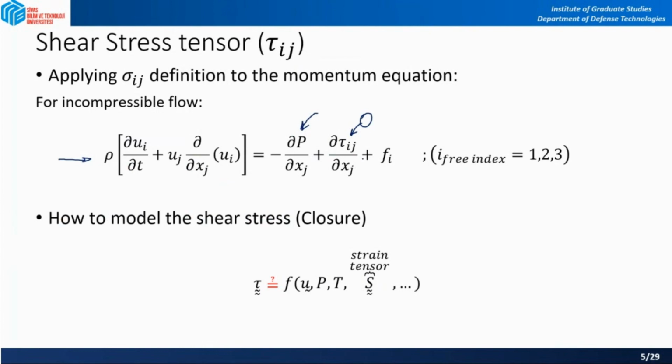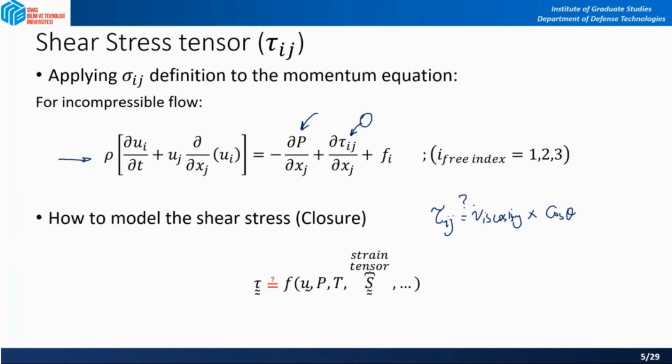We know that it is related to viscosity and viscous effects in the fluid, but what's the equation? Could it be like tau ij is equal to viscosity times cosine of theta? Will it be like this? What is the actual function?